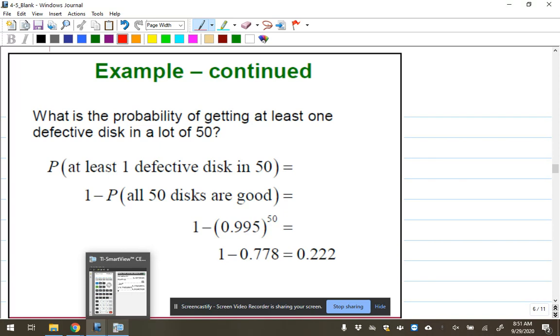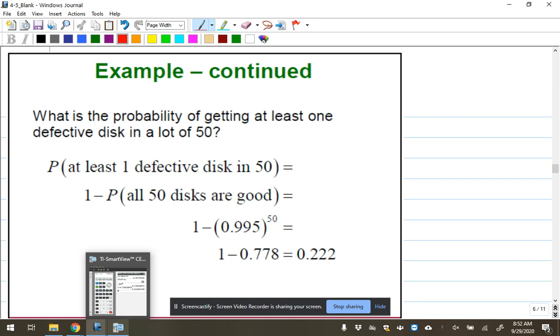All right, what's the probability of being bad? 0.005. So the probability of 1 being bad would be 0.005 to the first power. Probability of 2 being bad would be 0.005 to the second power, 3 being bad to the third power, and you'd have to add all of them up. All those are going to be tiny decimals, and when you total them all up, you're going to get this same number here.